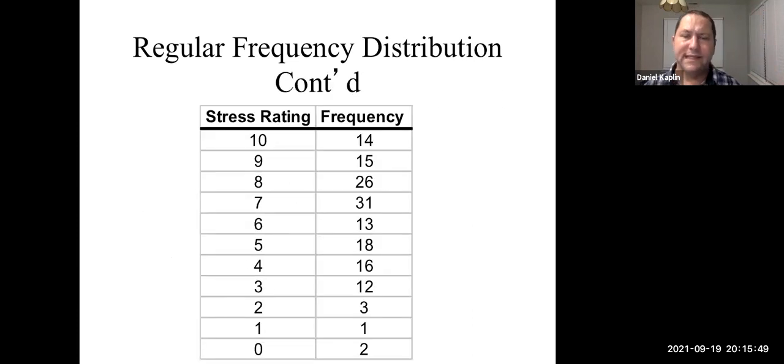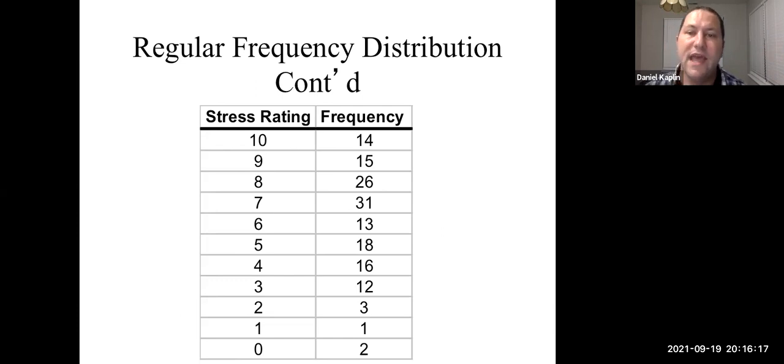But let's say this was a resultant graph, right? So instead of having just 151 data points, it's much easier to read something like this. So we can see the stress ratings, and in the stress ratings column, that would be analogous to your X column or your score.